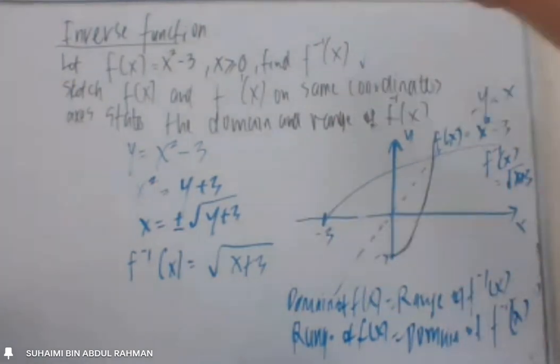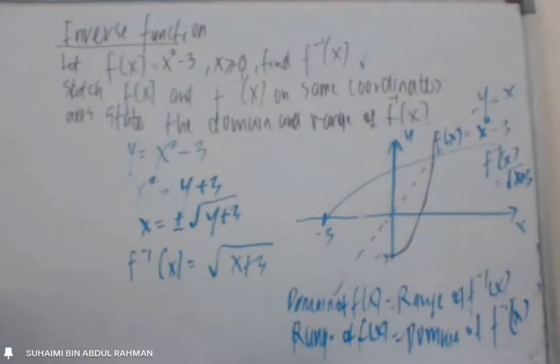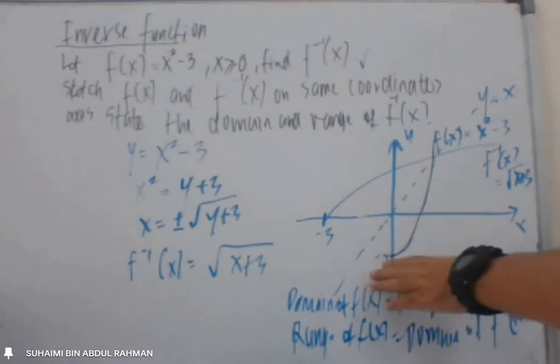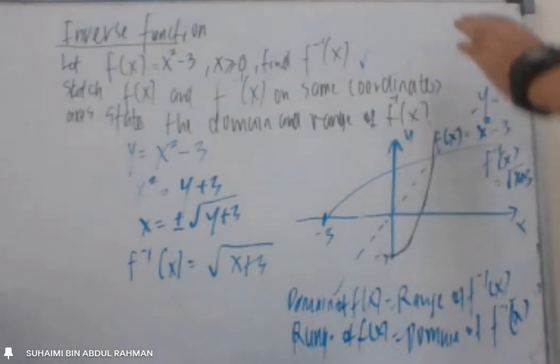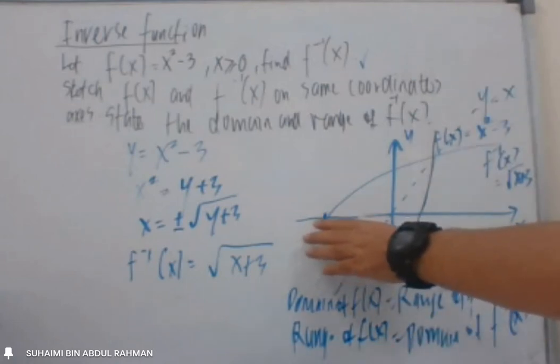Now the range of the function: what is the range of the function? It is minus 3 to infinity. The range of the function is the domain of the inverse, so the domain of the inverse starts from minus 3 to infinity.